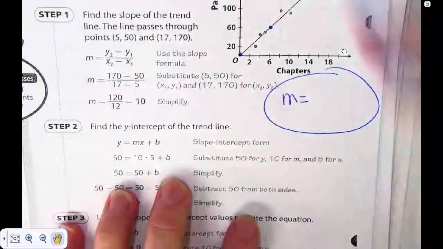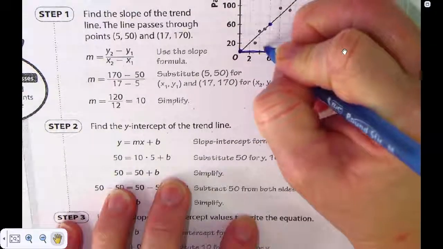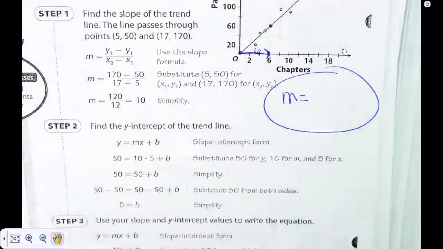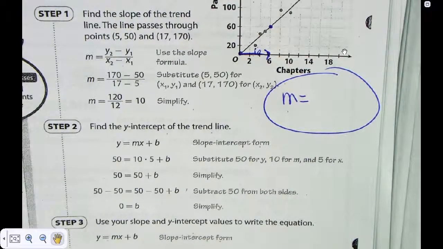Okay, and how do we get the slope? We run how many? 6, guys. You're looking at this axis right here. It goes from 0 to 6. 0 to 6 is 6.